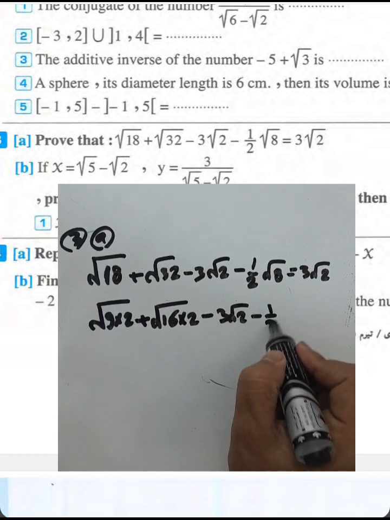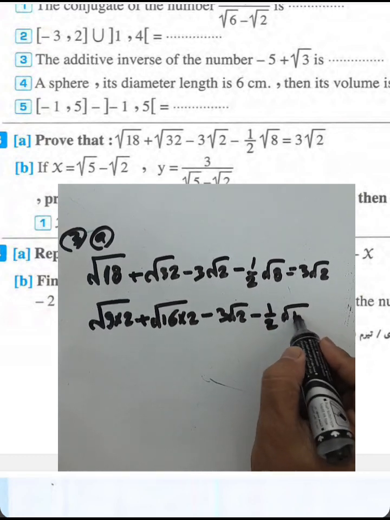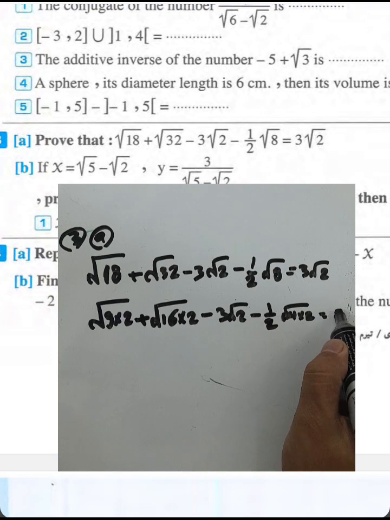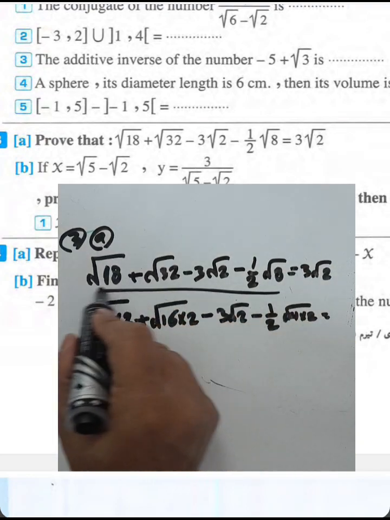Square root of 8 equals 4 times 2, equals what?